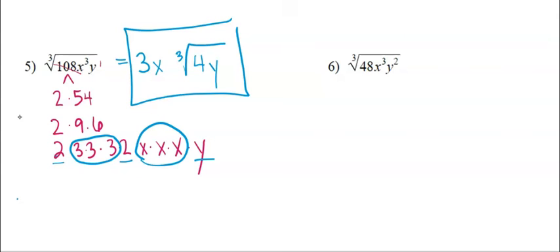All right, let's try 48. So 48 is 6 times 8, which is 3 times 2, and 2 times 4. And then 4 is 2 times 2. So I think I can keep track of all of that. I've got x cubed and y squared.